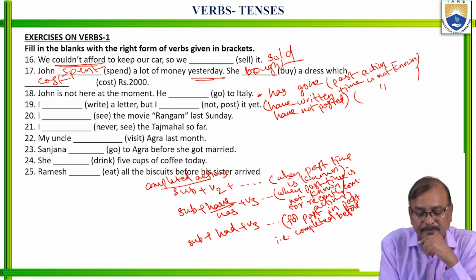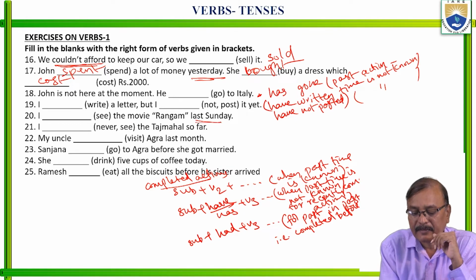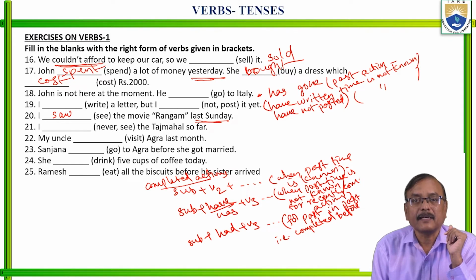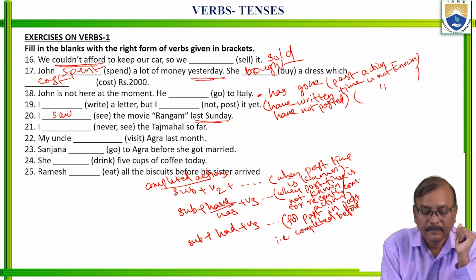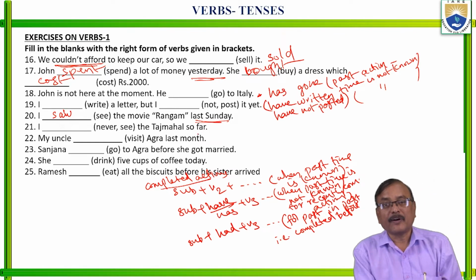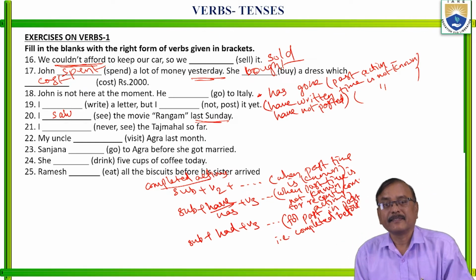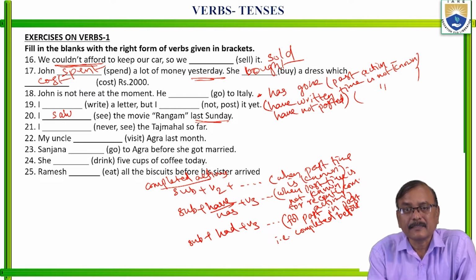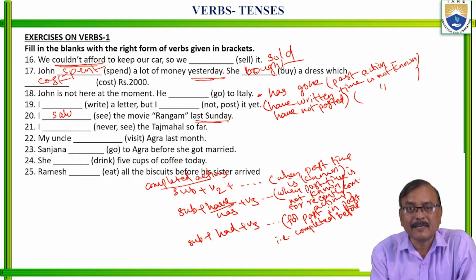Okay, next. I dash see the movie Rangam last Sunday. Means, okay, time is mentioned here. So, simple past. I saw the movie Rangam last Sunday. Next. I dash never see the Taj Mahal so far, still, yet. Okay, when we get the phrases like this, go with the present perfect only. Time is not mentioned here.